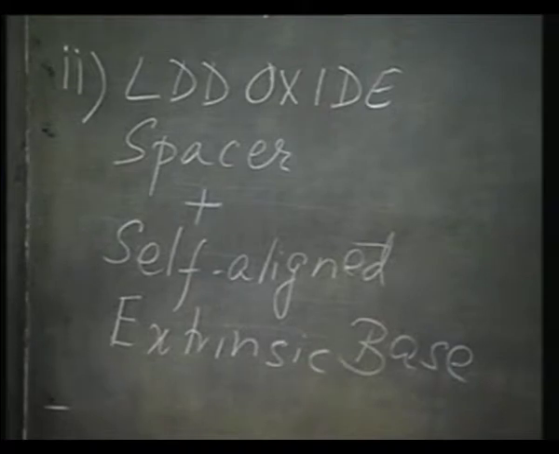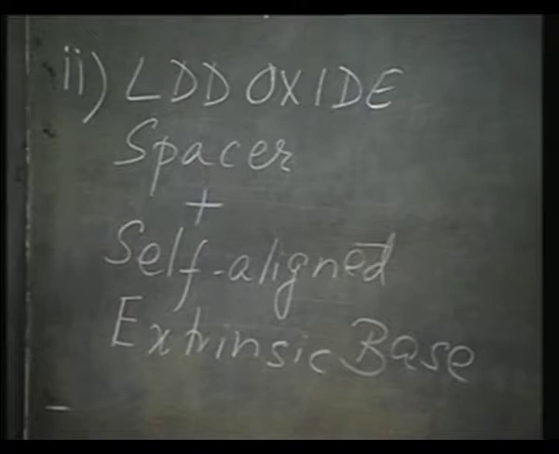So, you could use the same oxide spacer both for the LDD structure as well as for the extrinsic base to be self aligned with the emitter. Okay.